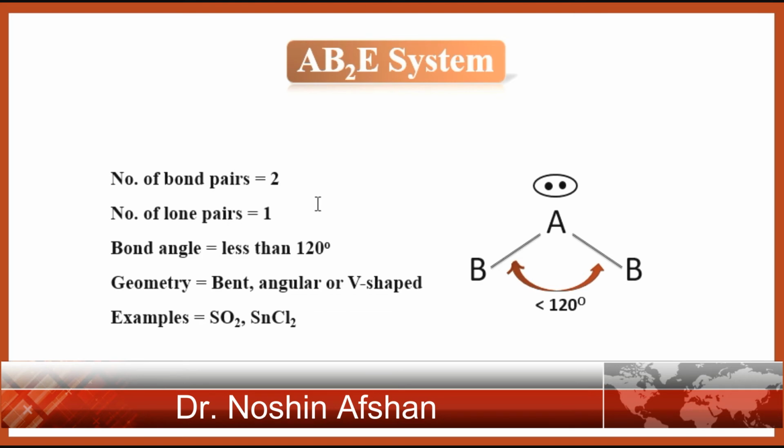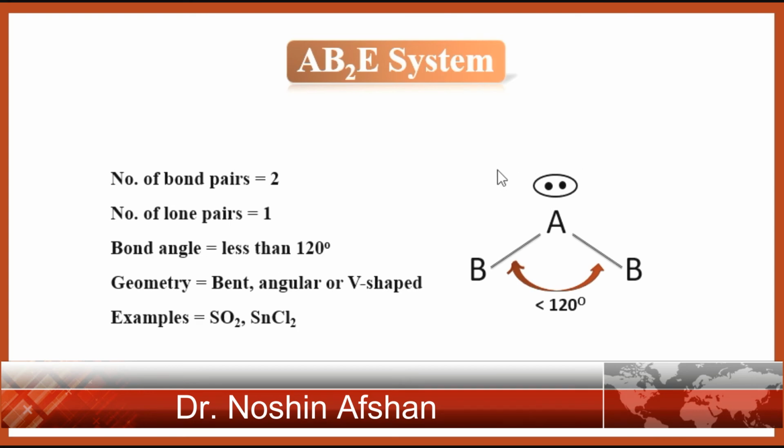And in the case when there are 3 bond pairs, we place them in a trigonal planar geometry, but according to the postulates of the VSEPR theory, it has been postulated that the lone pair of electrons occupies more space as compared to the bond pair. So this lone pair would repel these two bond pairs closer to each other and away from this lone pair.